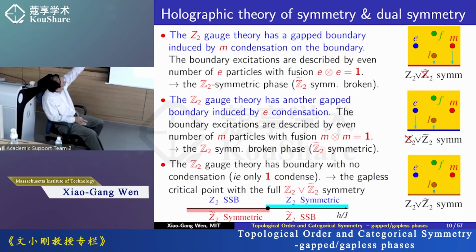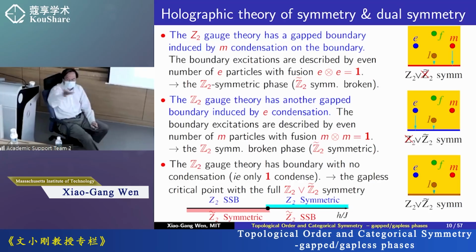But the Z2 symmetry is not broken, because E does not condense. So this pattern of condensation gives rise to the Z2 symmetric phase, but the dual Z2 is spontaneously broken. That's one of the gapped boundaries. And this corresponds to a gapped phase in the Ising model. Z2 symmetry not broken is a normal state, not a symmetry breaking state.